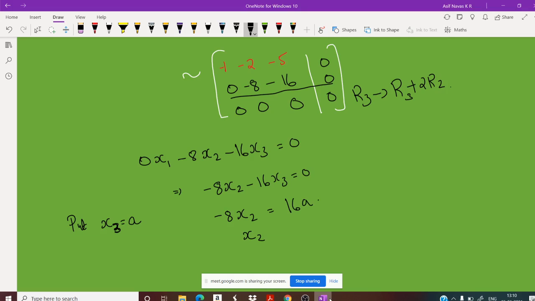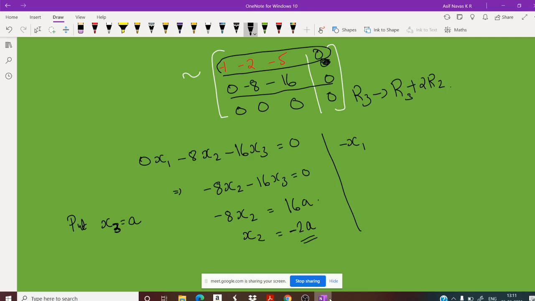Then what is x2? x2 is equal to minus 2a. Now we will take this. I want to know what is the value of x1. So what is this equation?